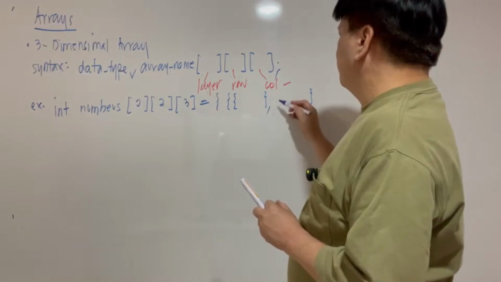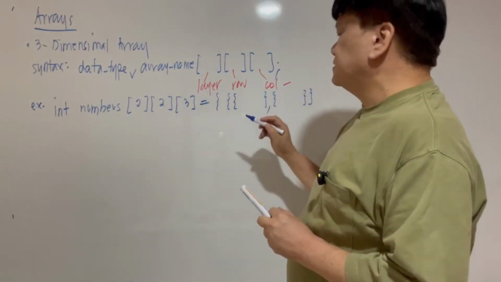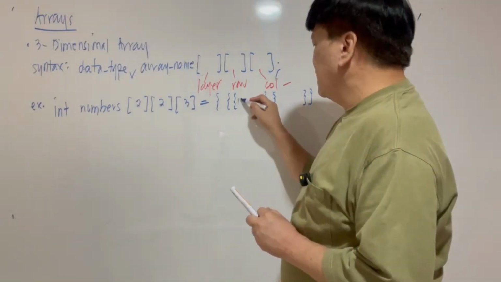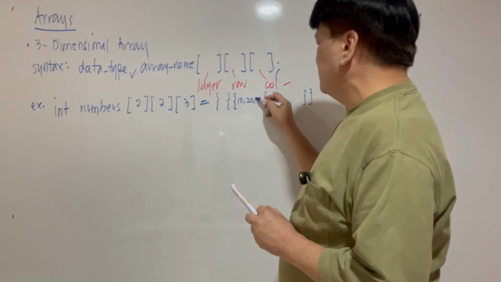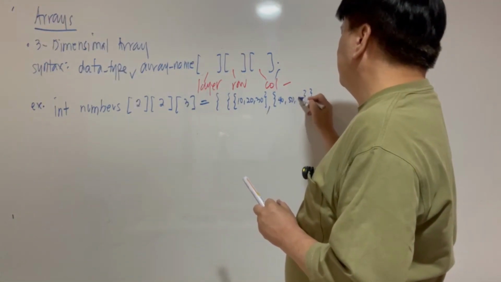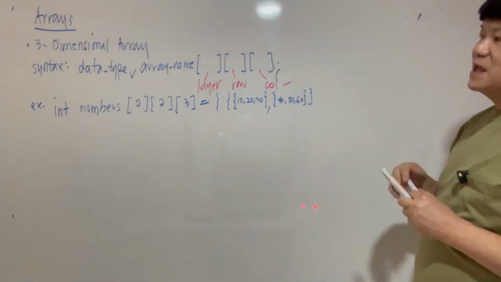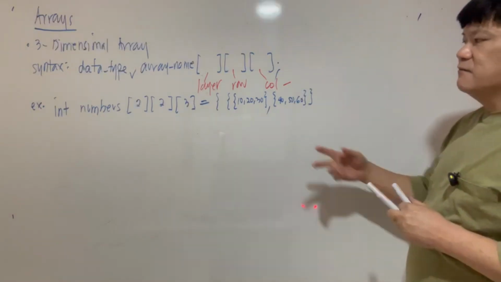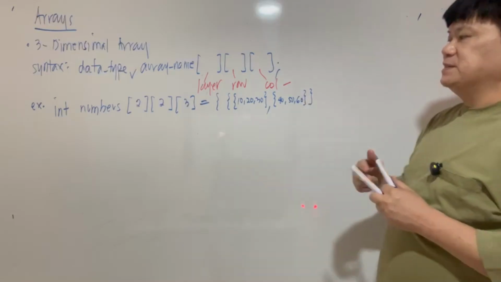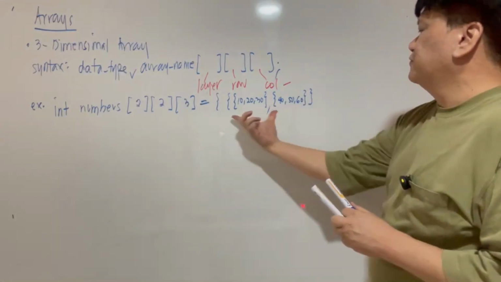Then you put the comma for the 2 rows, and then let's create the columns. The elements 10, 20, 30, 40, 50, 60. So those are the elements for the first layer, for the first and second row of your three-dimensional array. So we're done with the first layer.